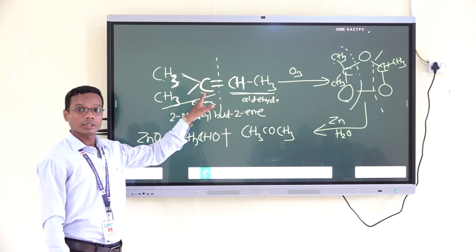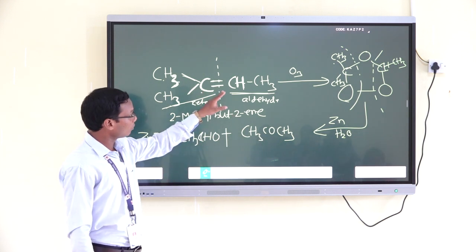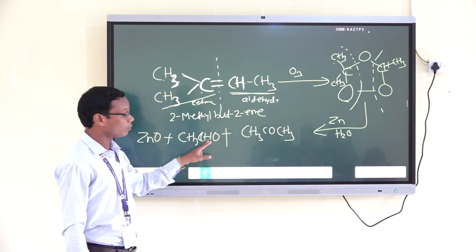In this carbon there is no hydrogen, so it forms ketone. In this carbon there is hydrogen, so it forms aldehyde.